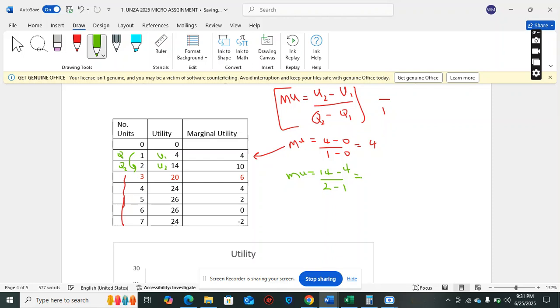So 14 minus 4, that is 10. 2 minus 1, that is 1. 10 divided by 1, that is 10. So this is our marginal utility for here. This second unit brings an extra of 10 utils. It brings extra satisfaction of 10 utils.